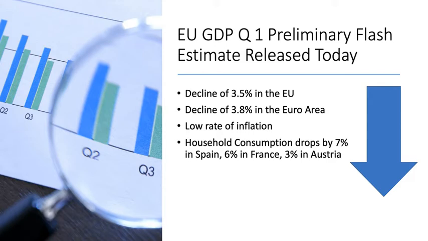So this is their first estimate of the first quarter economic activity. So it's released just a day after the US release. And they're showing a decline of 3.5% for the 27 EU countries.